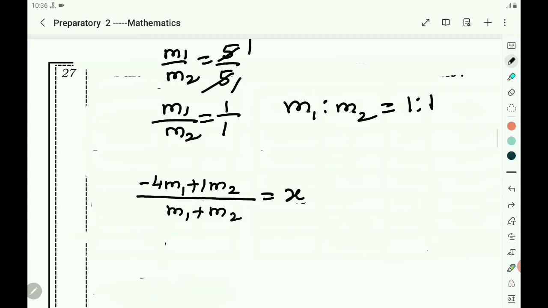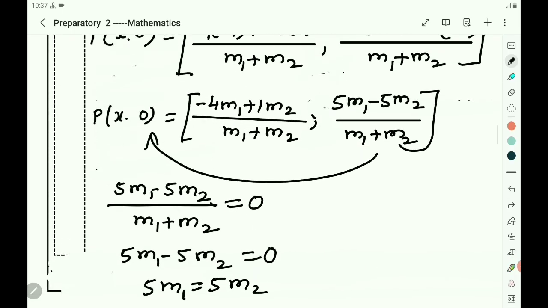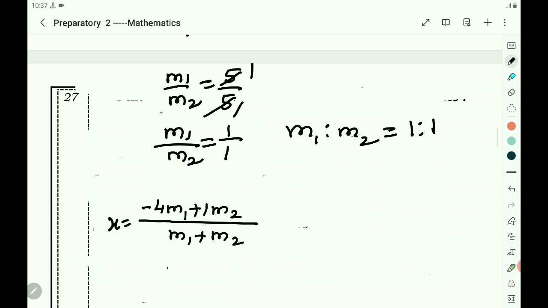Here you have m1 is to m2 is 1. Then you write x equals minus 4 m1 plus 1 m2 by m1 plus m2 equals minus 4, 1 is to 1 is there.